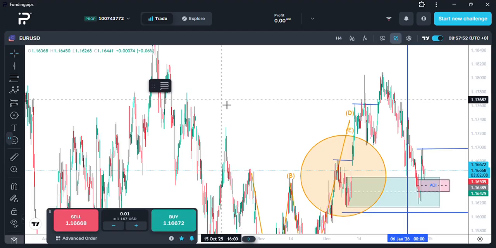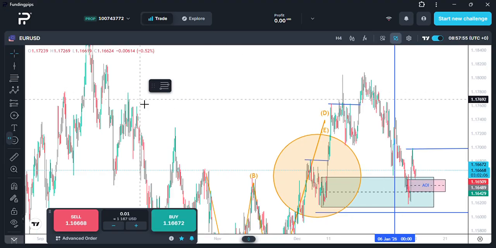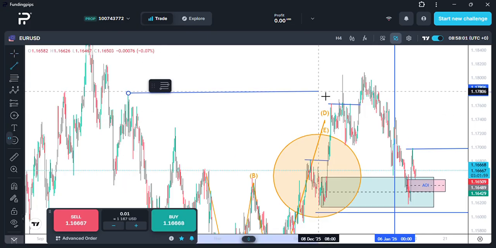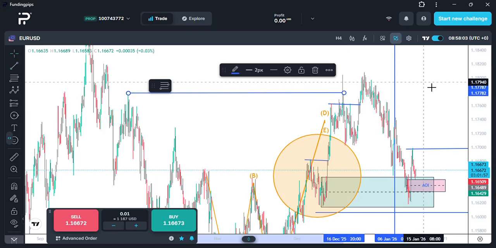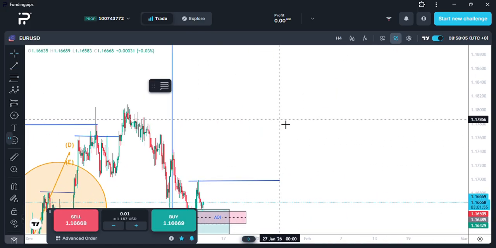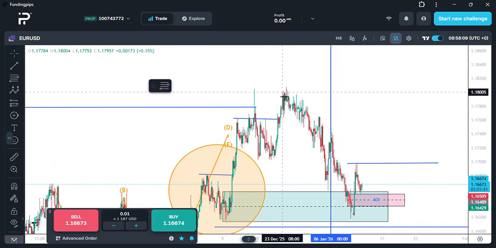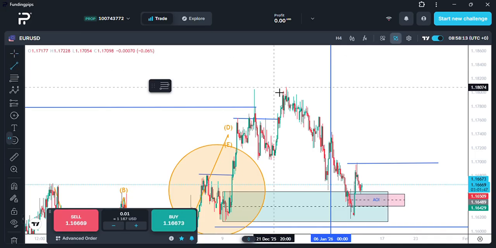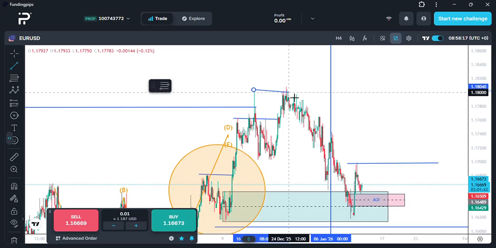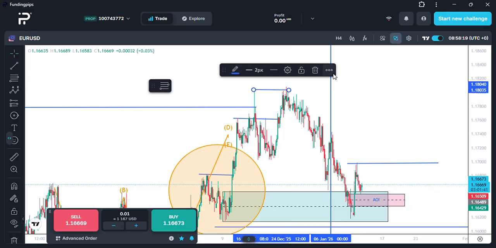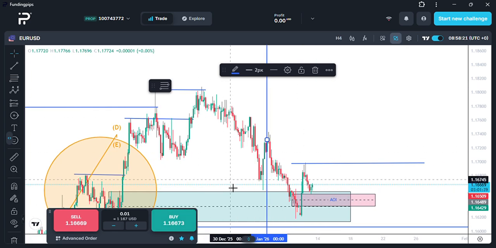The market took out this high here, took out this high, and had this move that took out this other high. The market took out this high. That's a market maker model.